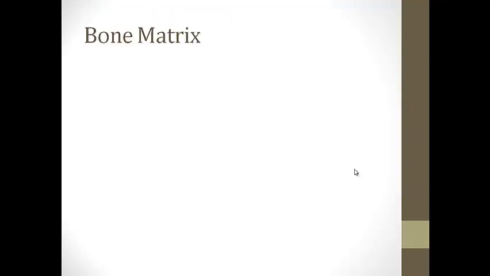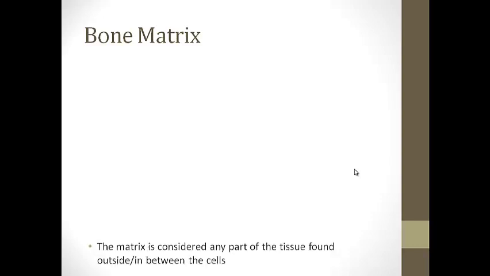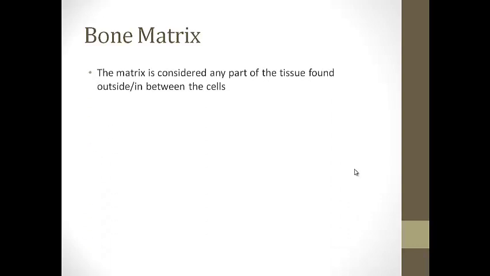Okay, so we've agreed that bone, similar to cartilage, is made up of cells and extracellular matrix. So the bone matrix is considered any part of the tissue that is found outside the cells or in between the cells.